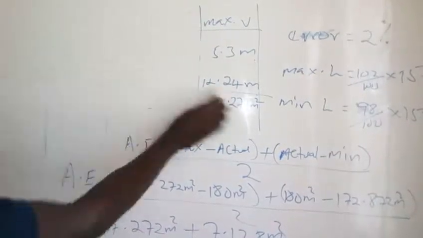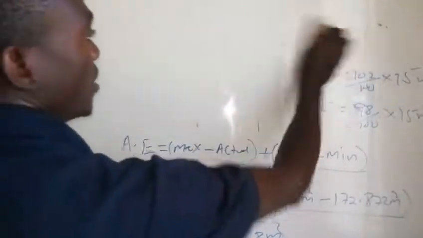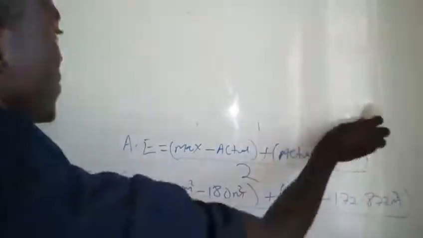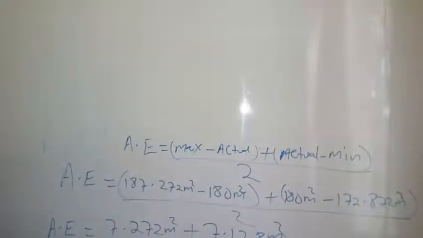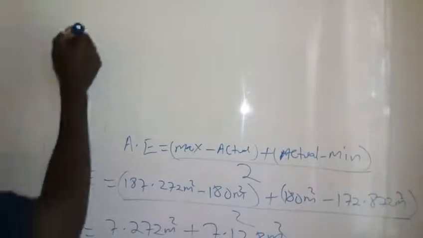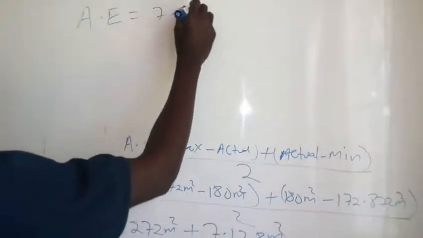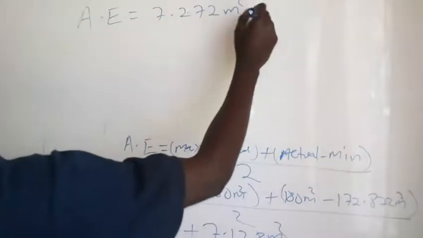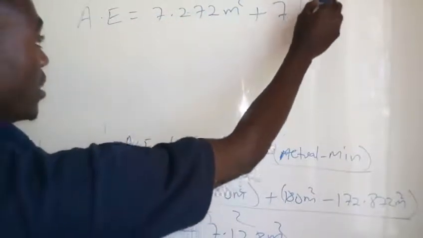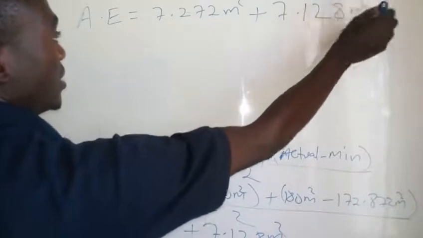So let's just finalize. Our absolute error here will be 7.272 meters squared plus 7.128 meters squared.